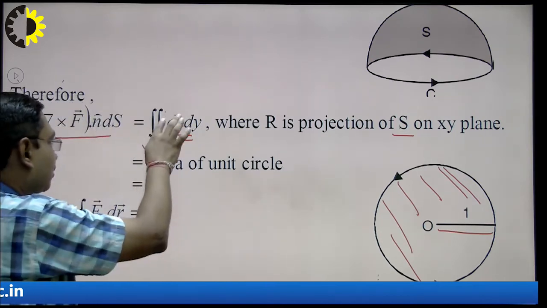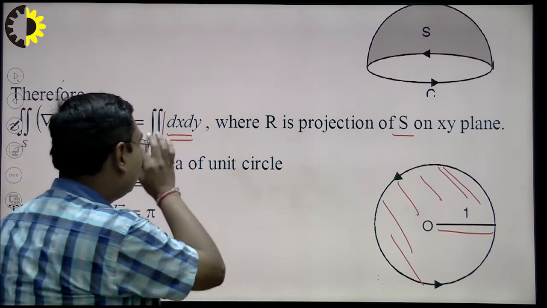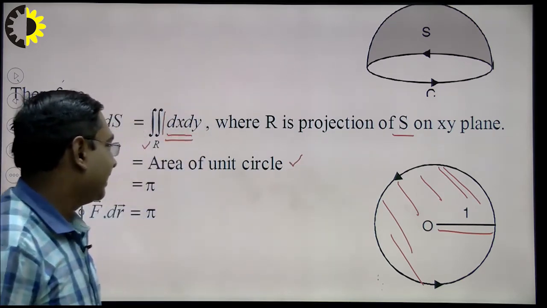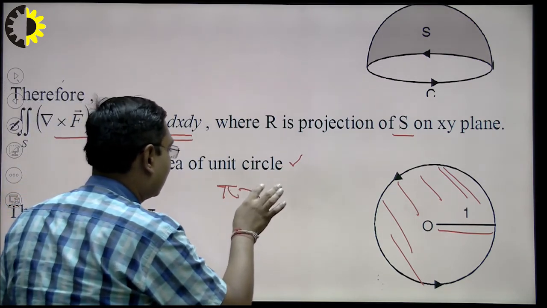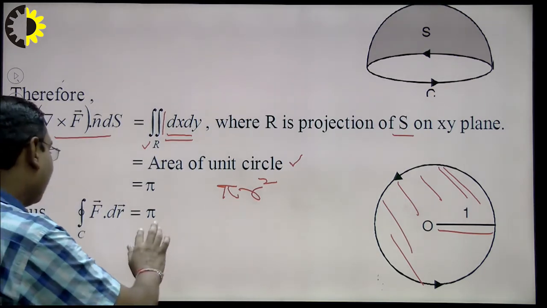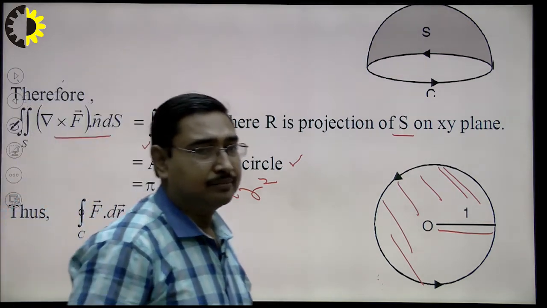Because the function inside the double integral is 1, its value will be nothing but the area of the circle, which can be written directly by the formula pi r square. Here the radius is 1, so the integral over C of F dot dr is simply pi.